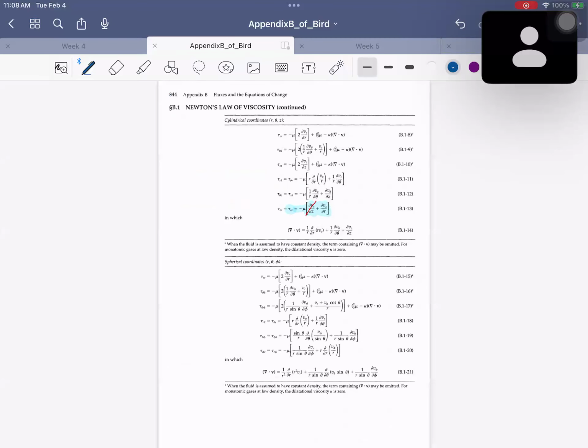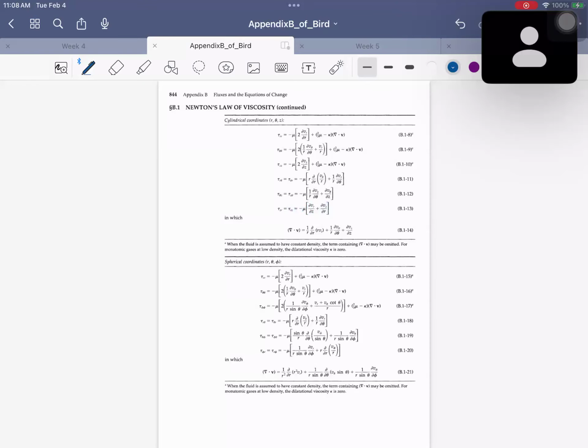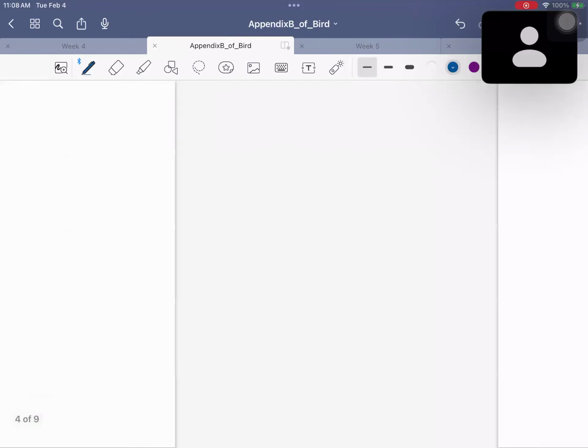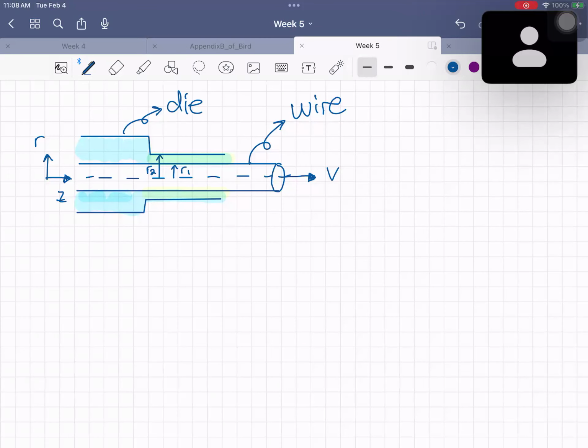Be prepared using the equations of Appendix B, just like in the previous exercise. Make a list of the assumptions that you need and start solving the equation right away. B5 or B6, you can apply any equations.